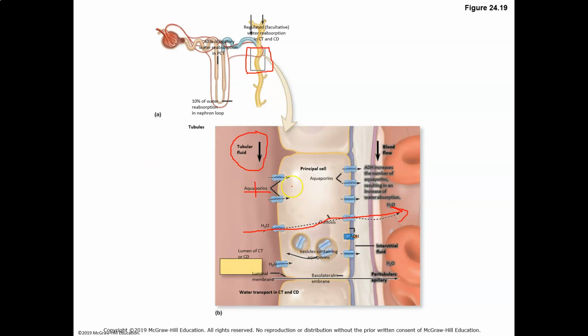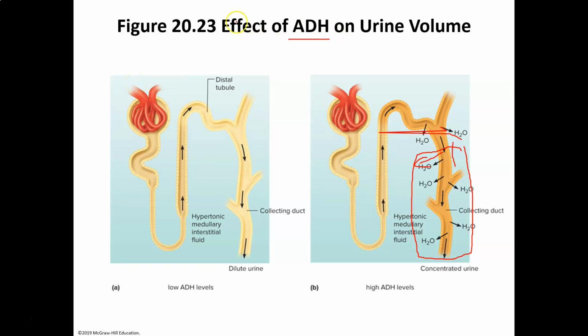ADH allows more pores for water to leave the tubule and go back into the bloodstream. So that's what we're talking about here. This is the effect of ADH on urine volume. So it would decrease the amount of urine volume because it's pulling water out, and it would concentrate the urine, as it says here, concentrated urine. So that's ADH.